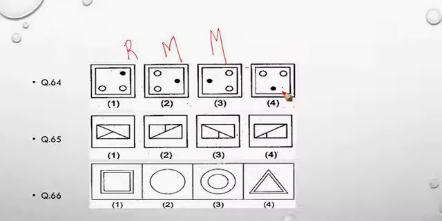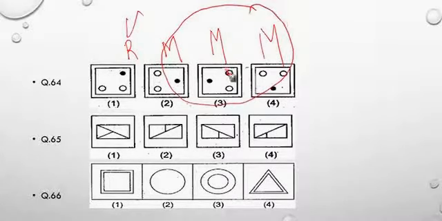In the next problem figure, the blank circles are on one side and the dark circle is in the middle of the opposite side. So on the basis of the position of the black dot, we find that problem figure 1 is different, whereas problem figures 2, 3 and 4 are similar. So the answer for question number 64 is 1.